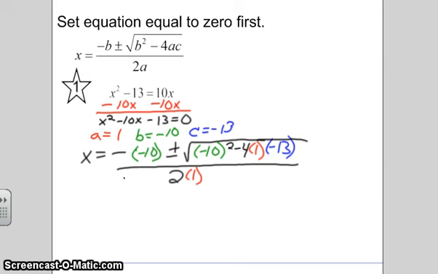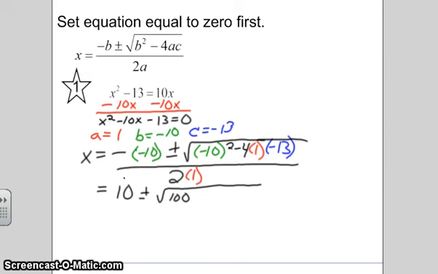All right, so the negative 10 becomes positive 10. Plus and minus, and then anything underneath the square root has to get simplified. So negative 10 to the power of 2 becomes 100.